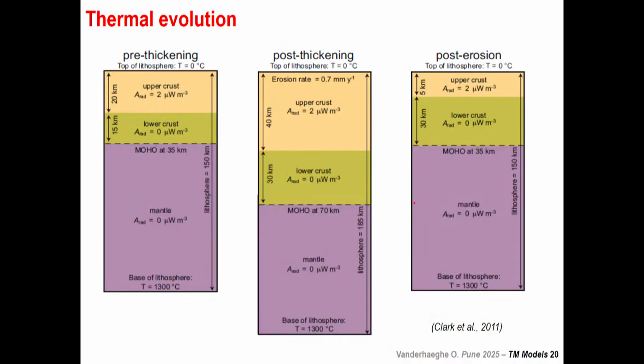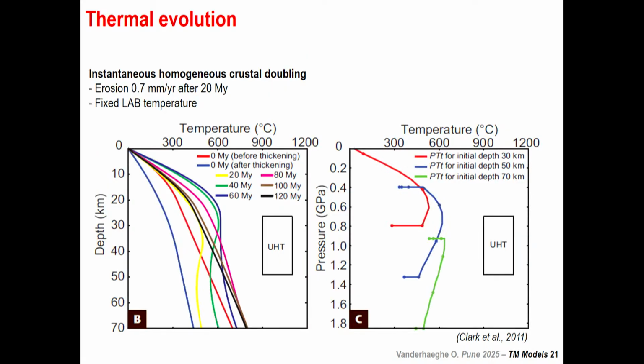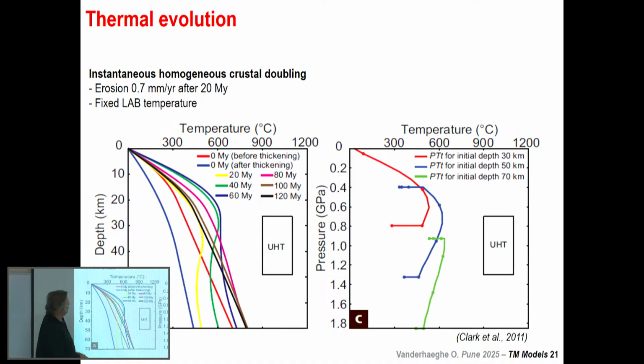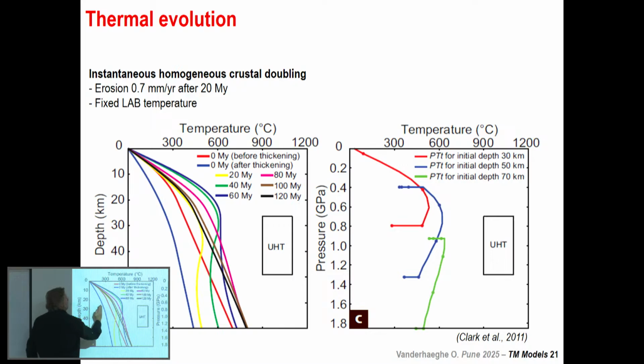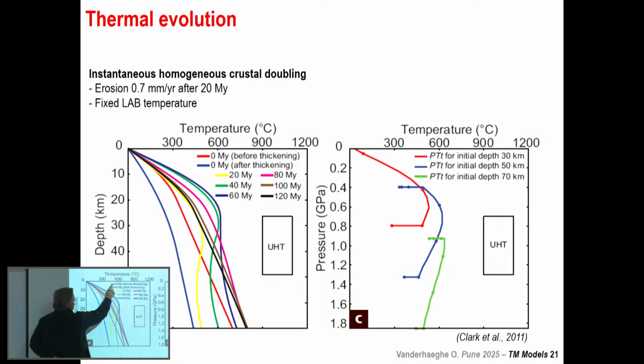This is the detailed work of proper thermal modeling, considering the thickness of the crust and the thickness of the lithosphere, the isotherms at the beginning, and heat production in the upper crust only. He modeled the way the isotherms behave with time. And you see here 0 million years after thickening, so instantaneous thickening. Sorry, I should start with the red: the initial geotherm is here.